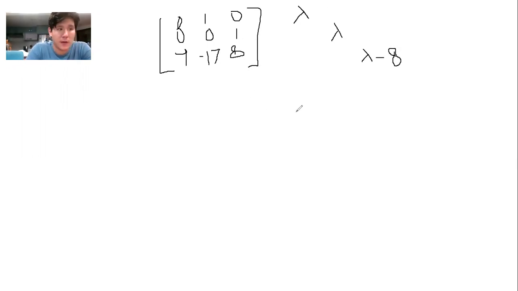So we can say that by multiplying these, we have lambda cubed minus 8 lambda squared plus 17 lambda minus 4.